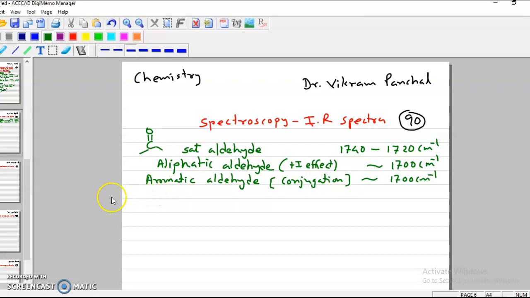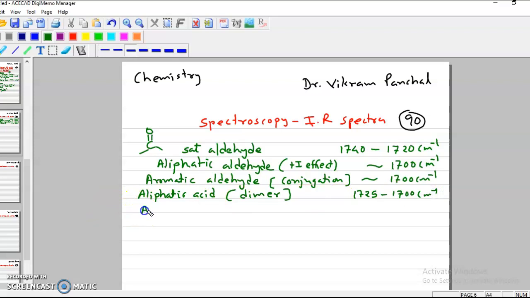Now if we take aliphatic acid, normally dimerization takes place, so we will take the dimer. That is due to intermolecular hydrogen bonding, and the range is 1725 to 1700 cm⁻¹.